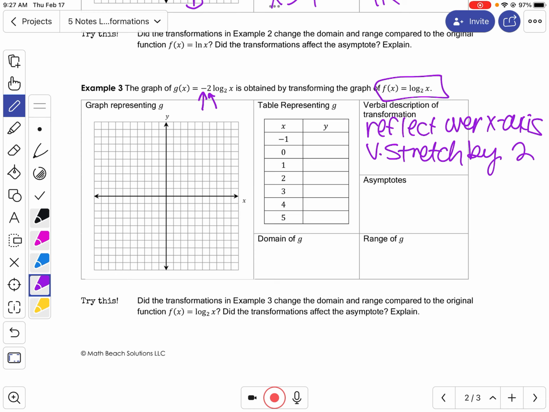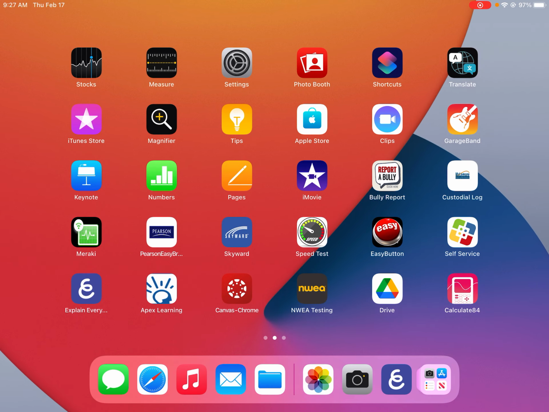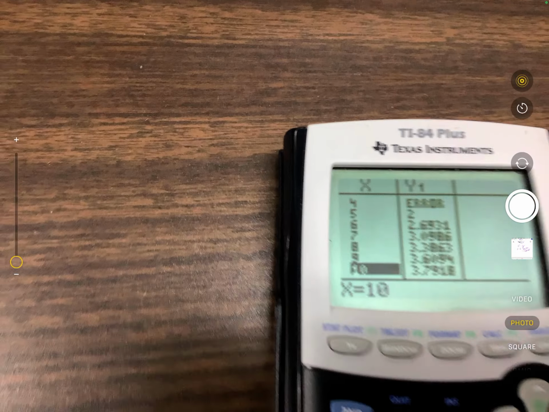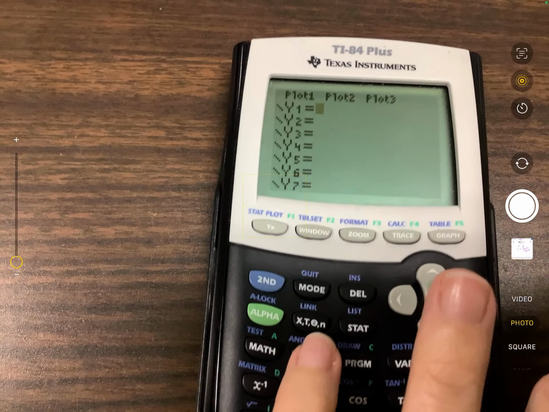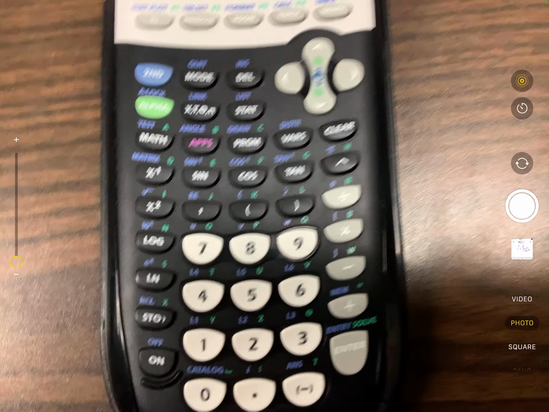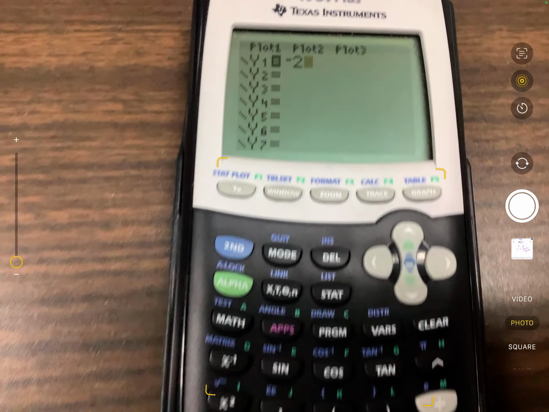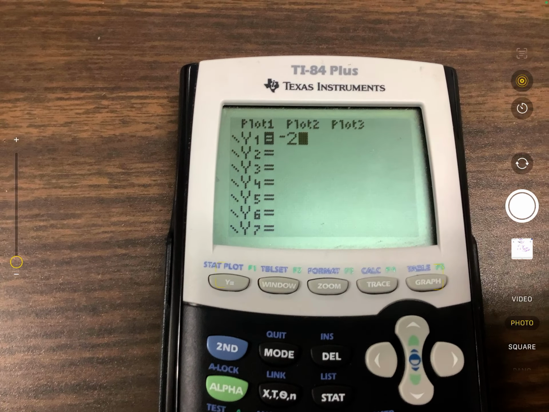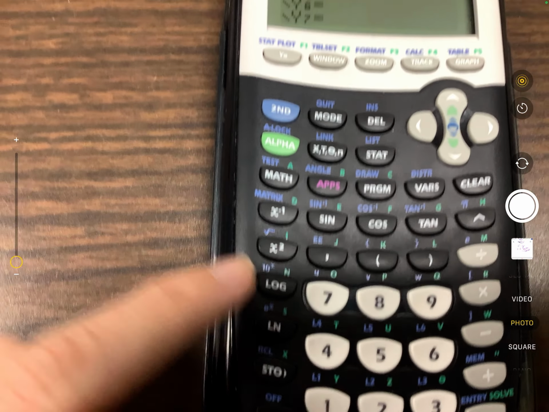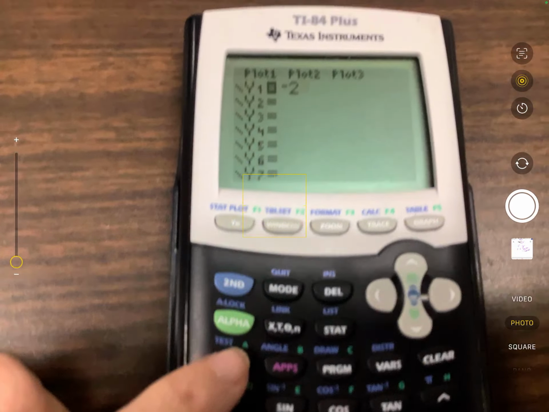Okay, so we're going to plug this into the calculator to find our points. Go to y equals, clear it out. So we're typing in negative 2, and then we need log, and we're having to change the base to 2. So we can't use just this log button on the calculator. We have to go to math.